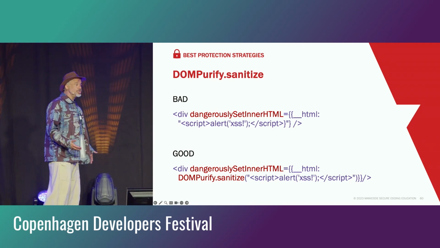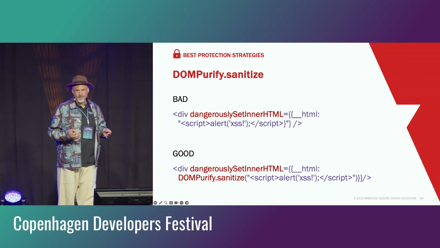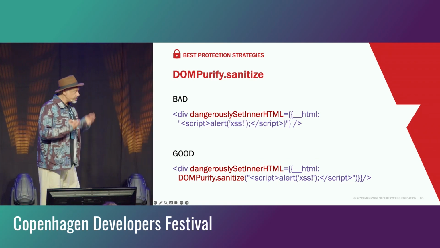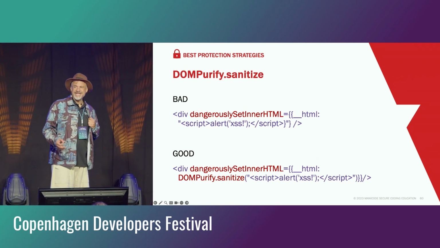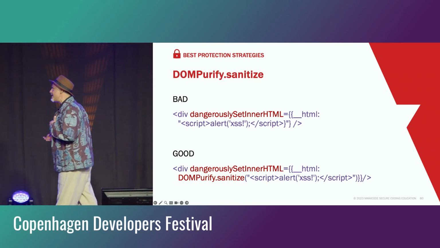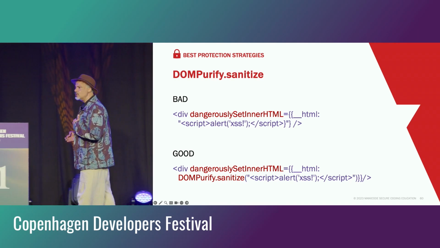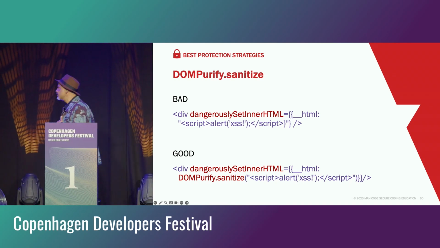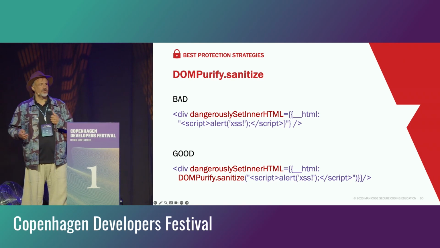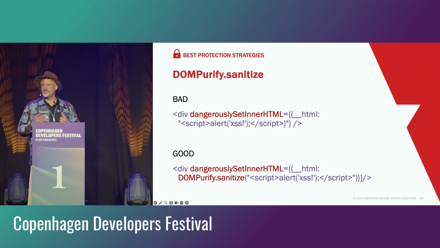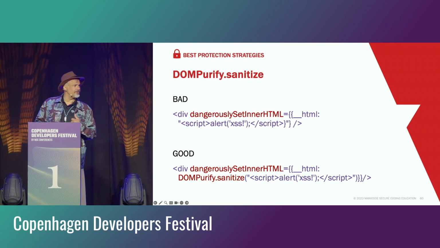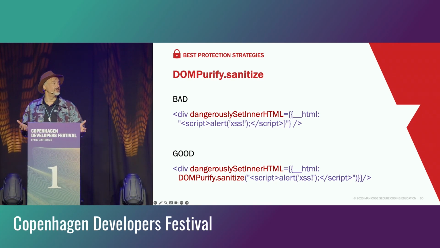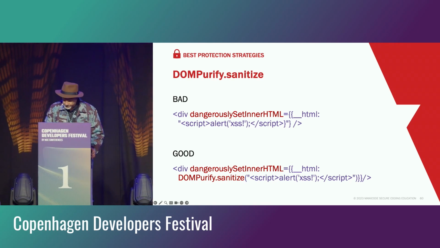It does a really good job, but again, like any library, especially a security library, keep it up to date. So using dangerouslySetInnerHTML anywhere in your code on raw data is a vulnerability. What you want to do is go do a search. Go look for any use of dangerouslySetInnerHTML. Take that content, run it through DOMPurify.sanitize, and that fixes the problem in most cases, right?